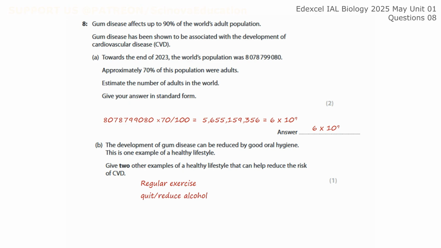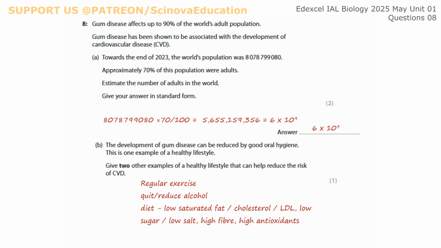So, regular exercise, quitting or reducing the alcohol, diet with low saturated fat, low cholesterol, low LDL, low sugar, low salt, and having high fiber contents, high antioxidant contents in your diet, and quit smoking.